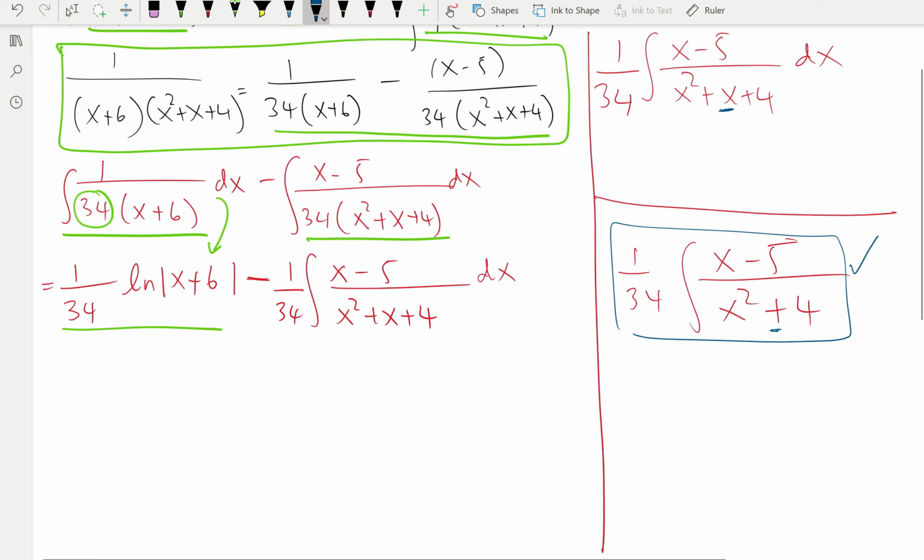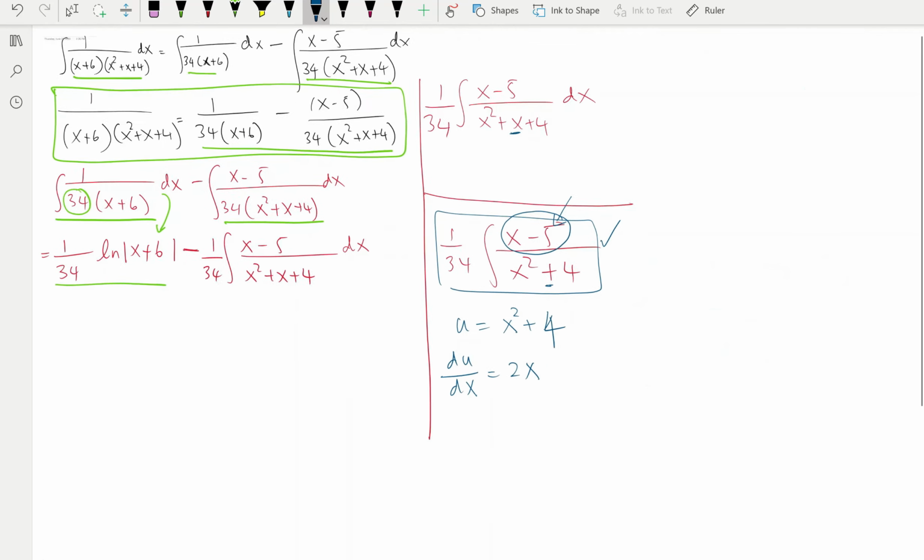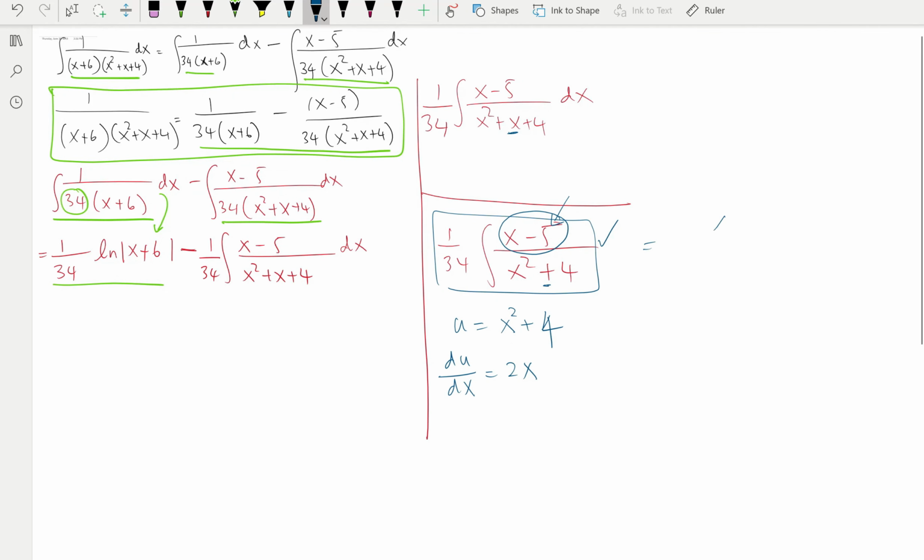So in previous problems what we did is we know our substitute is going to be x square plus 4, right? We use a combination of integration by substitution and the tangent inverse rule, and the derivative of x square plus 4 is 2x. So what we did here is we have this minus 5 as an obstacle, so we split the rational function as x over x square plus 4 minus 5 over x square plus 4.